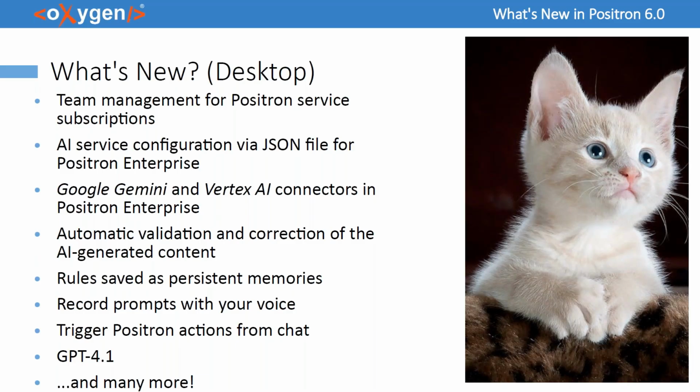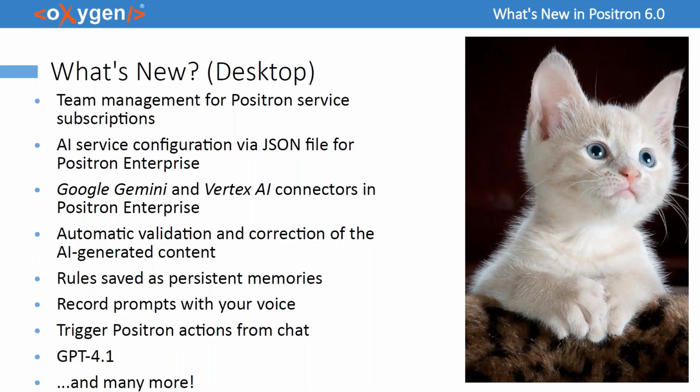And secondly, still in regards to Positron Enterprise, we added connectors for Google Gemini and Vertex AI. And now, related to both the AI service and Positron Enterprise, I have a few new features and improvements.